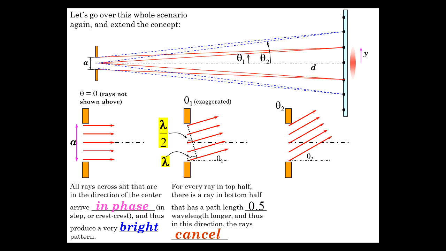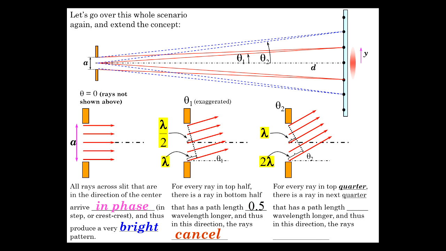So in this case, we're just considering the special angle theta 2. At theta 2, something special happens when the following condition occurs: when the longest ray at the bottom is 2 lambda different than the very top, and in the middle, it's 1 lambda longer. So we have a 1 wavelength, 2 wavelengths difference in path length across there.